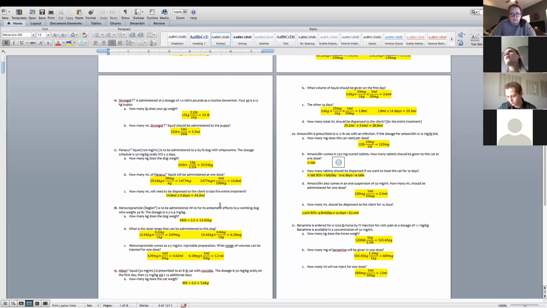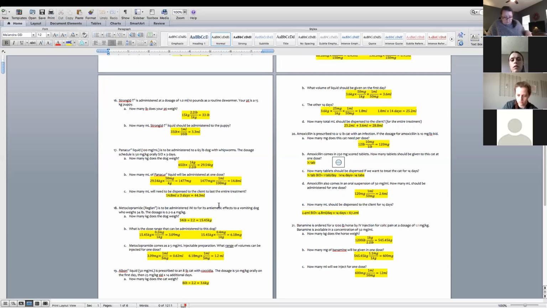If you notice, they build in complexity. We start off with simple calculations, and then we build the problem into more steps. And the ultimate is if a doctor says, Brittany, I want acepromazine 2 mg per kg for Fluffy to go home for 7 days, you may have to work that whole thing out.